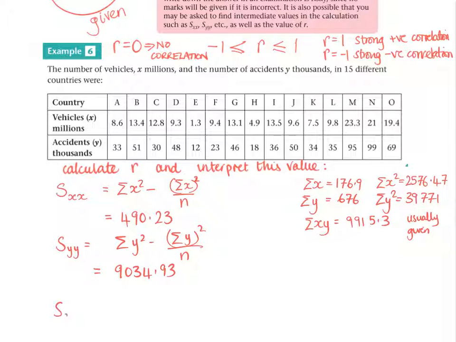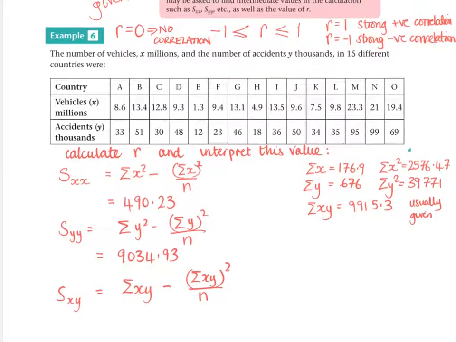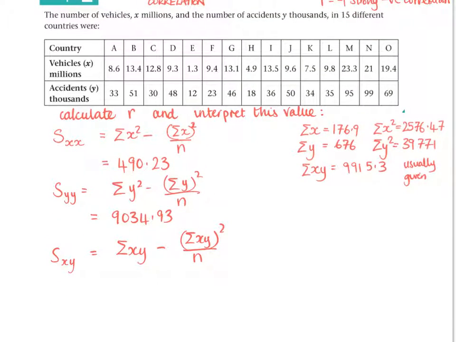And then if we work out the covariance of x and y, that's the sum of x times y minus the sum of x times the sum of y over n, and if we pop that into the formula, we get 1907.63.